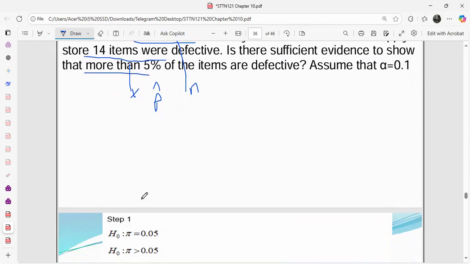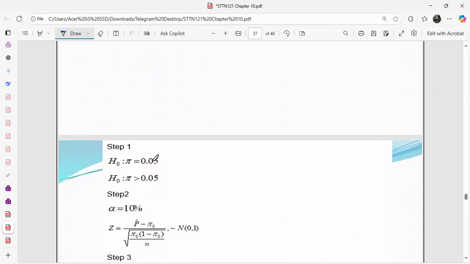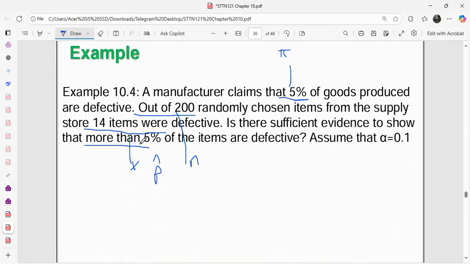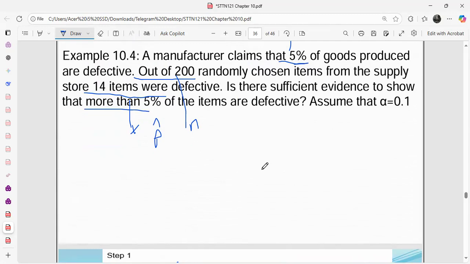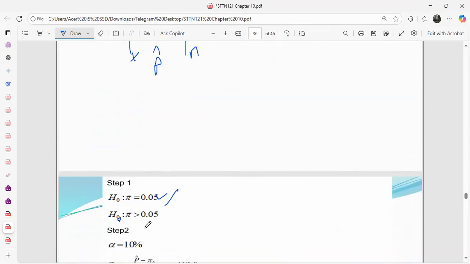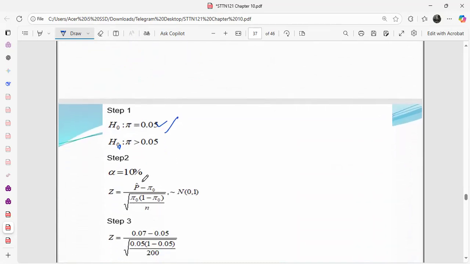Let's check. Null hypothesis, we always use the equal sign. Alternative, HA, it's greater than because of this more than. Step number 2, you specify the level of significance, because we're already given alpha as 0,1. The formula we're going to use is the one for the P cap.